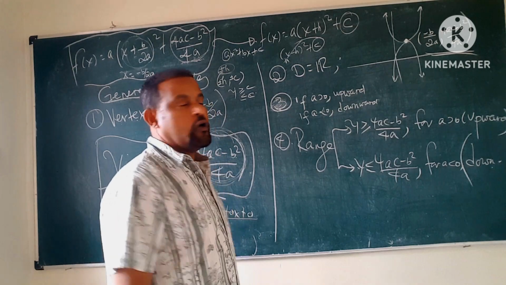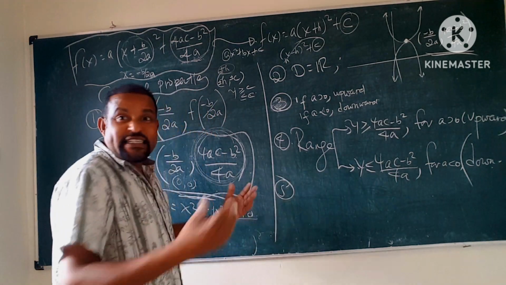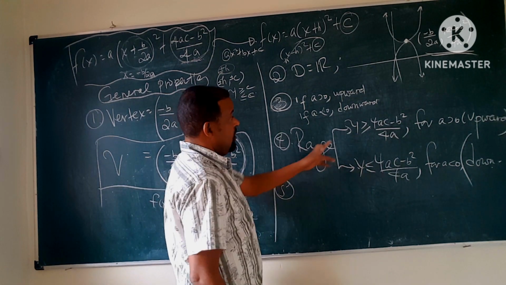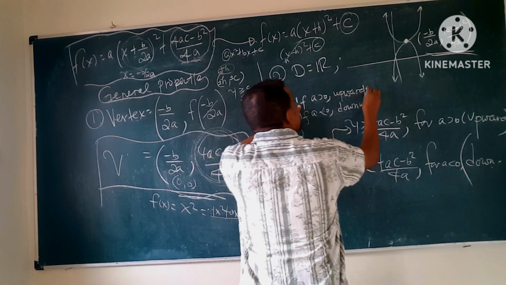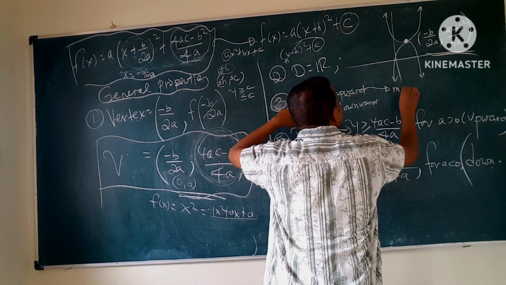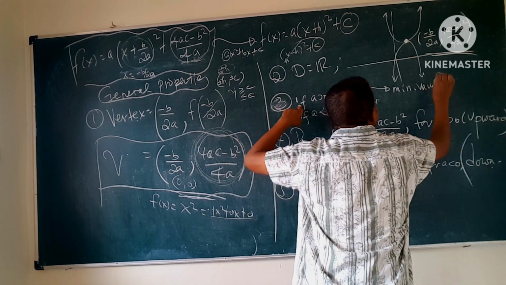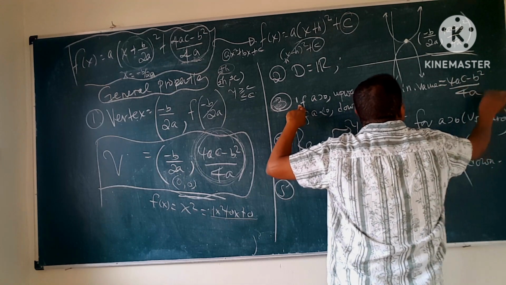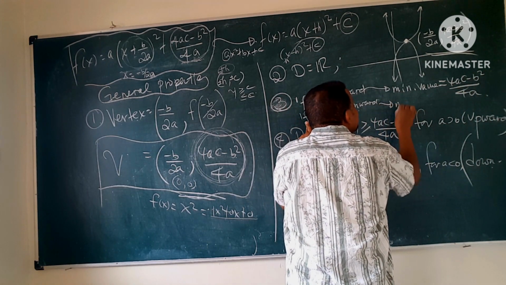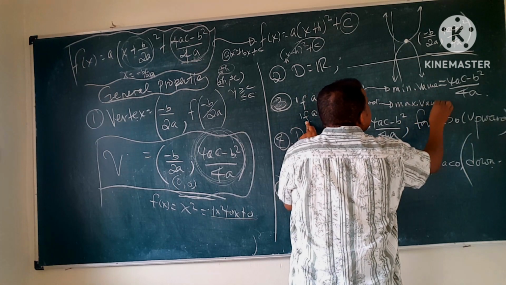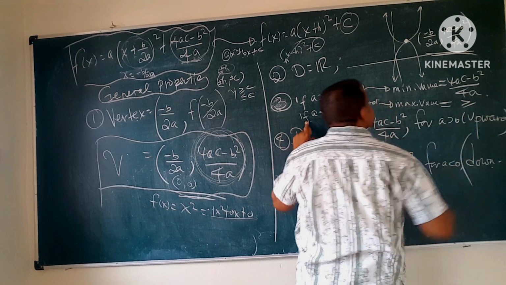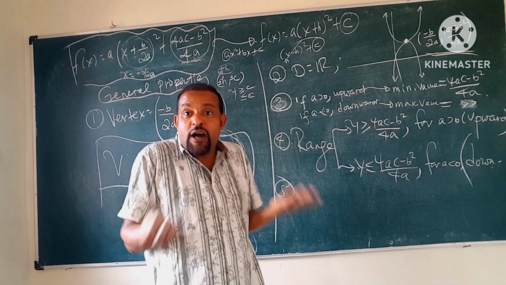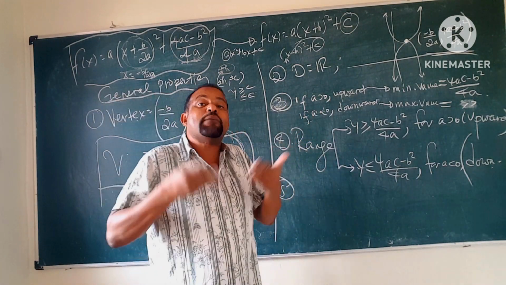Downward parabola ሲሆን ነው ማለት ነው. The fifth property: maximum and minimum value. For an upward parabola there is a minimum value, and that minimum value is (4ac minus b squared) over 4a. For a downward parabola there is a maximum value, and that maximum value is the same value.